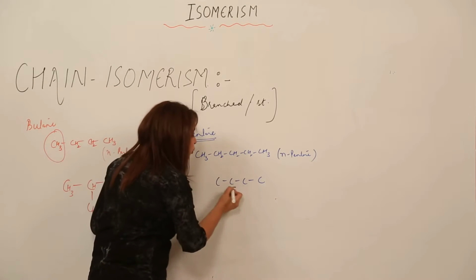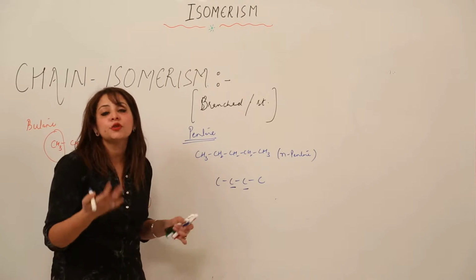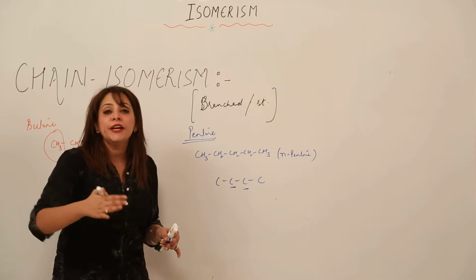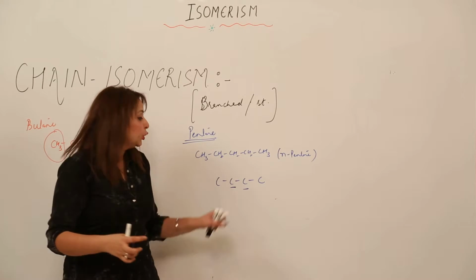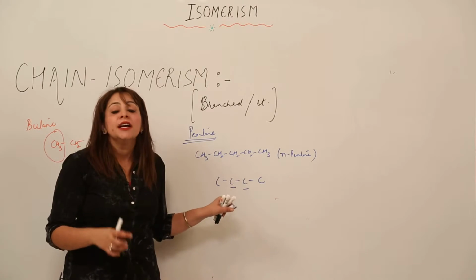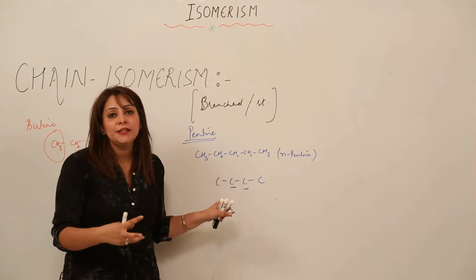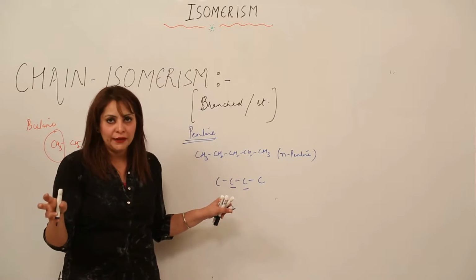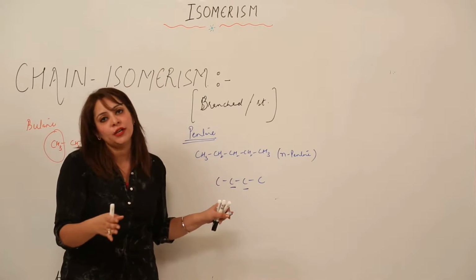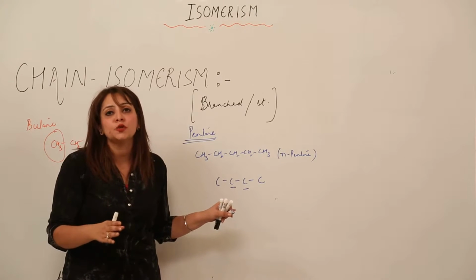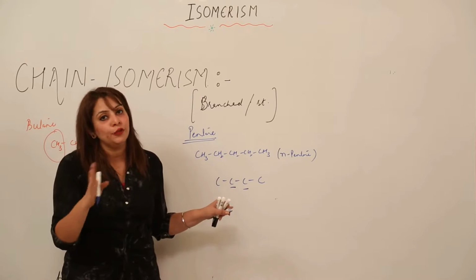Here we have 2 carbons at non-terminal positions, so we can use either, right? There is no hard or specific rule that you need to attach to this carbon or to that carbon. If it is specified that you need to make such a kind of IUPAC name, with the methyl group attached at 2 position or 3 position, then you have to consider that. Otherwise, while making the isomers, you can attach to either of the non-terminal carbons.